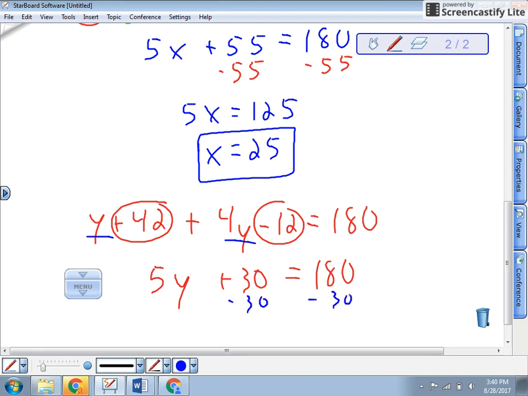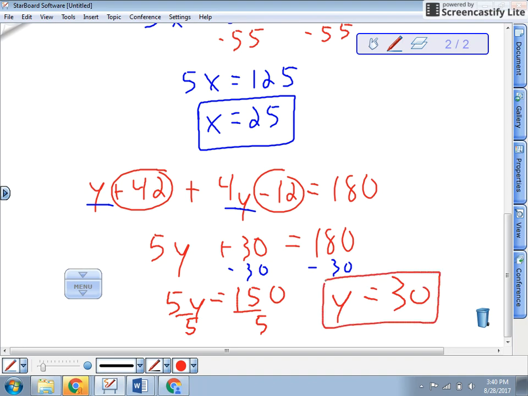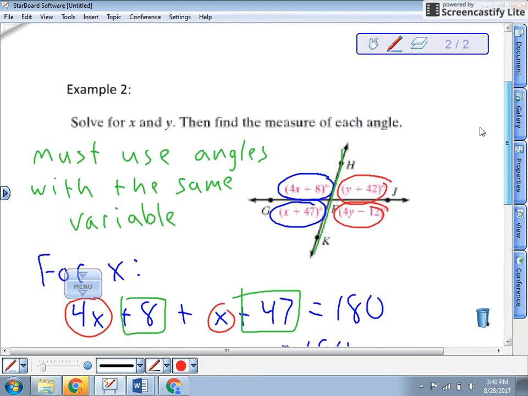So we're going to end up with 5y equals 150. When we divide by 5, y is going to equal 30. So there's our x and y values. To find the measure of the angles, we would then plug these values back in. So again, y equals 30. I'd plug that in for y, and x equals 25 would go into these values to find these angles.